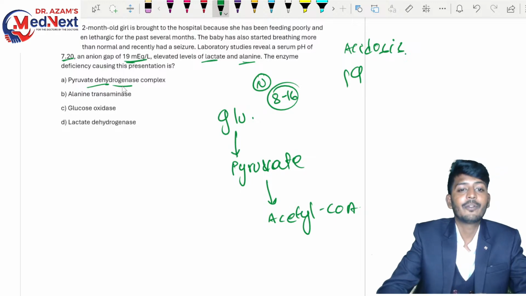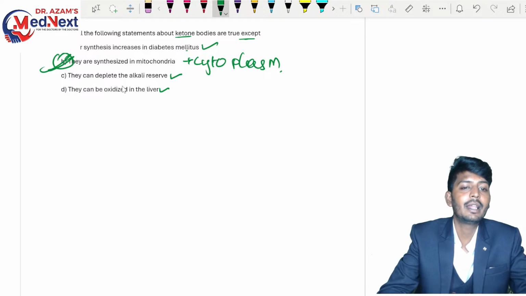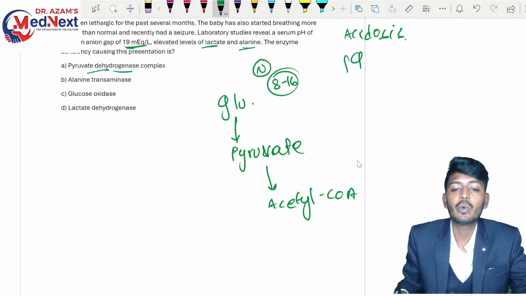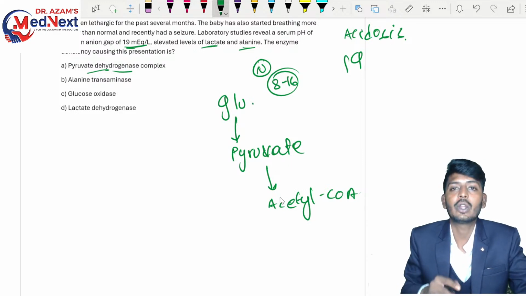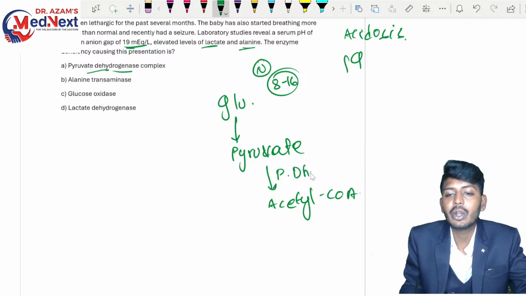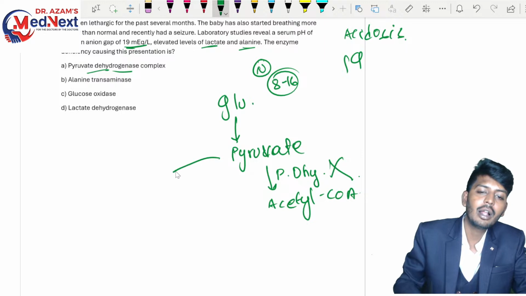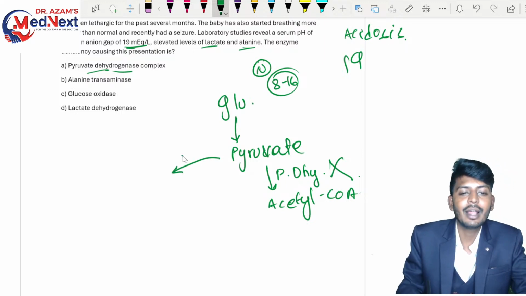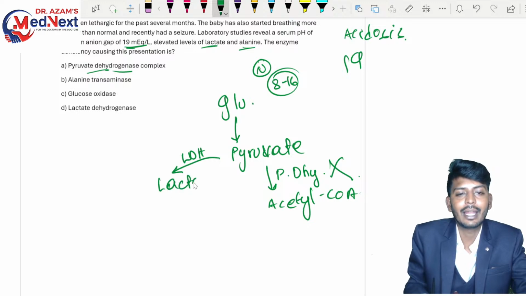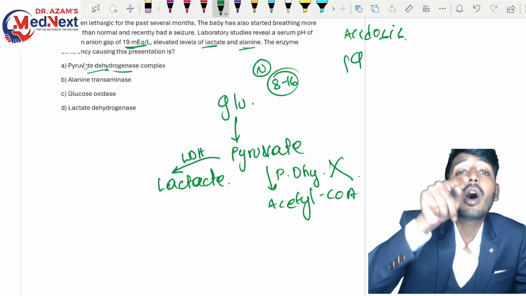Tarun Agarwal, for the previous question the answer is B, and for this it is not D. For pyruvate to acetyl CoA we require pyruvate dehydrogenase. If there is no pyruvate dehydrogenase, all this pyruvate, because of lactate dehydrogenase, will get converted into lactate. The question does not ask which enzyme is causing this problem.